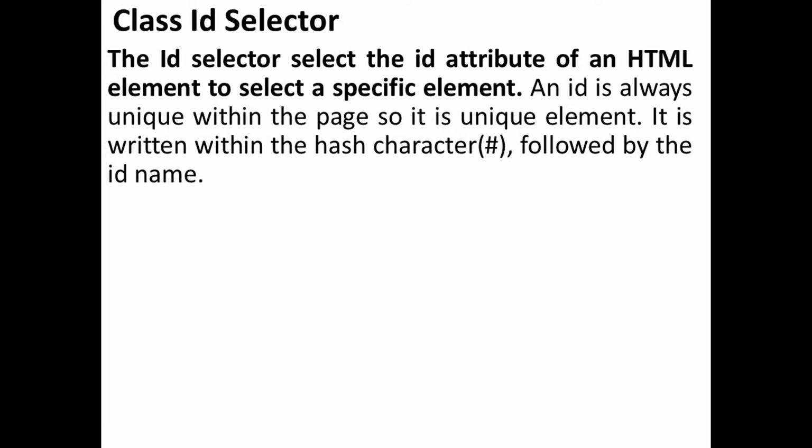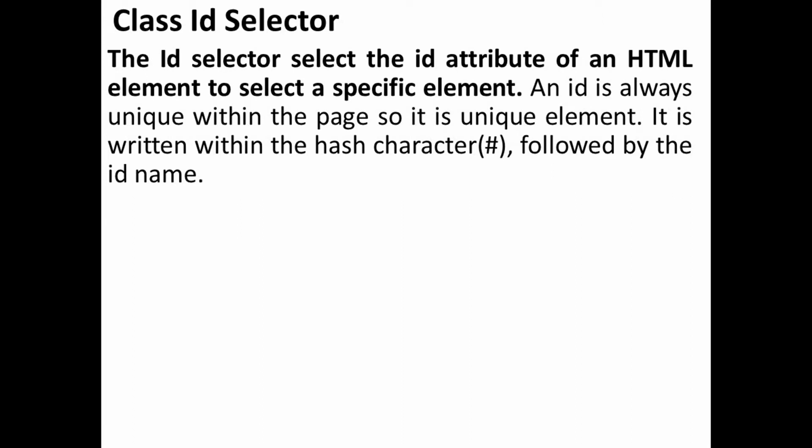There are so many elements, and you are going to select a specific one, so for that the ID selector is used. Remember, the ID selector is used to select the ID attribute of an HTML element, to select a specific element.